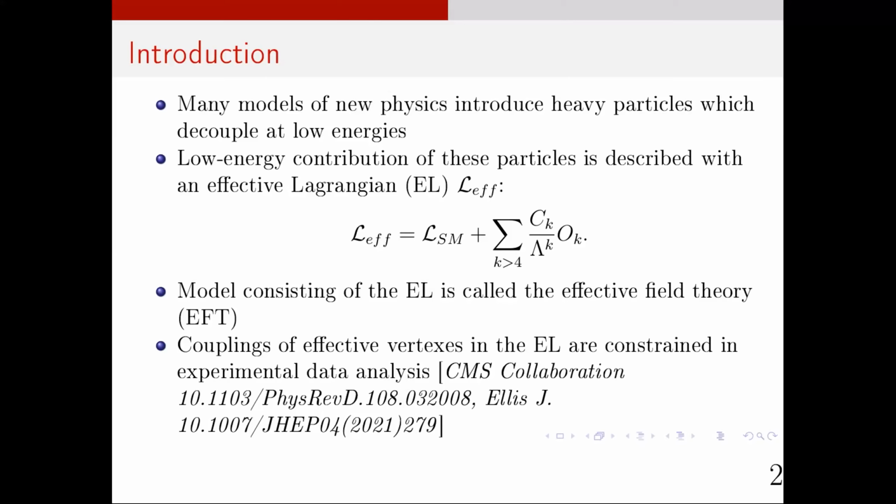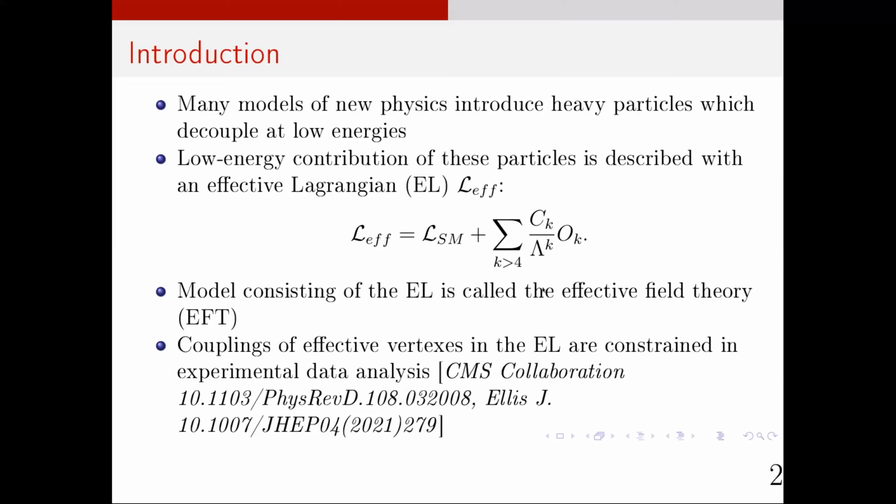And in many researches, experimental, we derive constraints on these coefficients, C_k and lambda, from the experimental data. And here you can see some examples of the publications where this approach is employed. But of course, there are many more publications, many more researchers which use this approach.